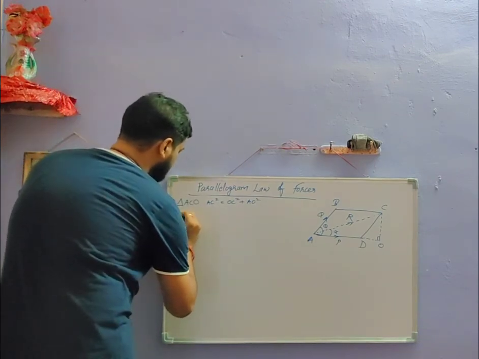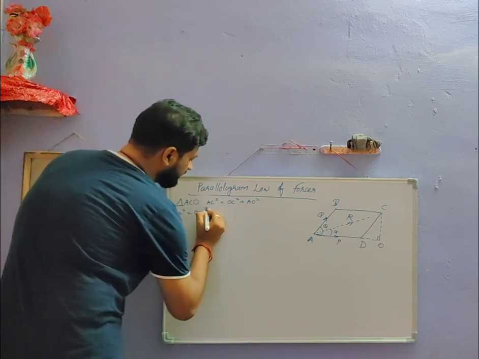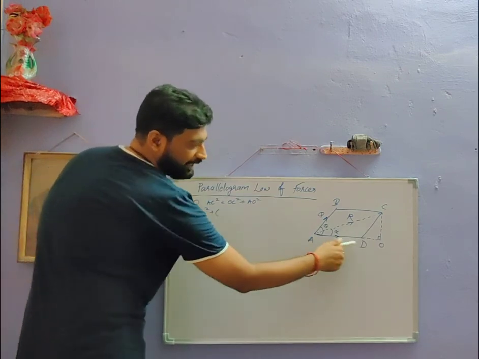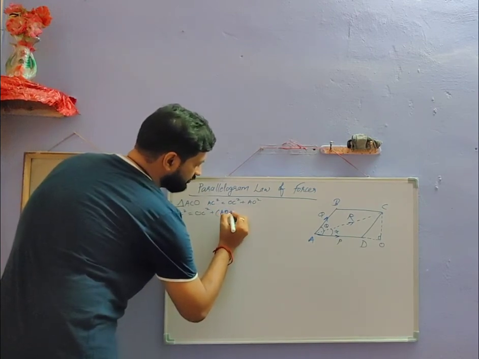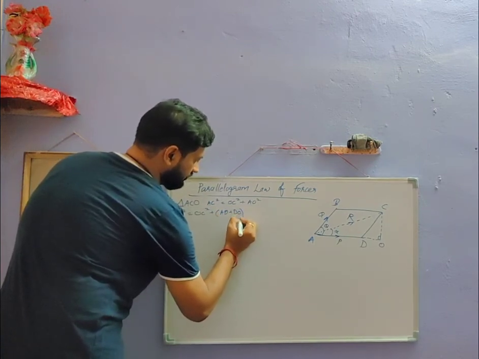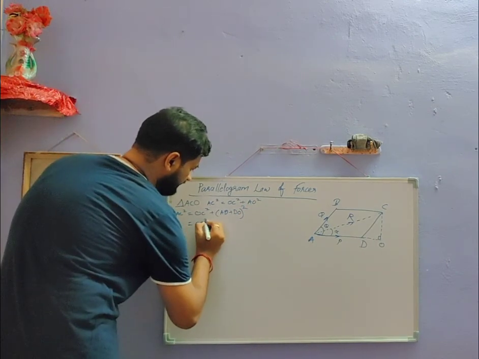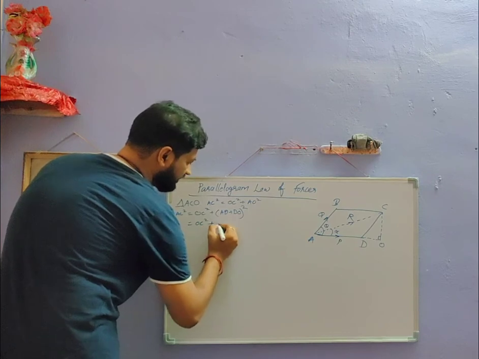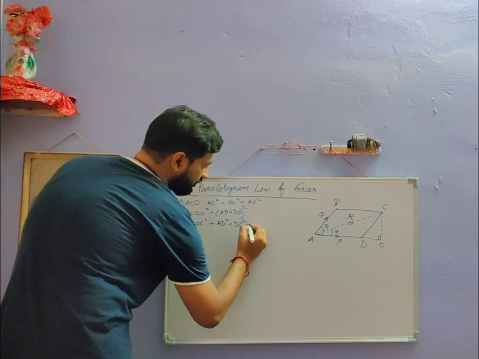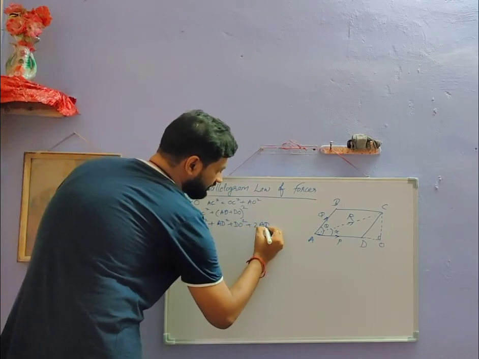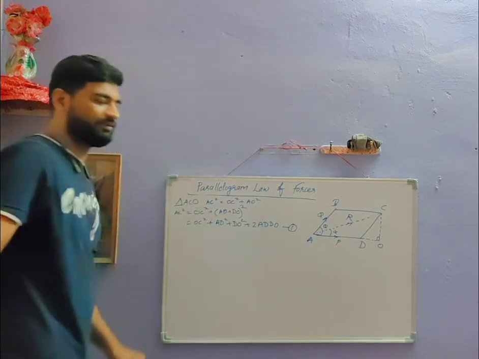Also you can write AC square is equal to OC square plus (AD plus DO) whole square. Also you can write AC square is equal to OC square plus AD square plus DO square plus 2 AD DO. This is equation first.